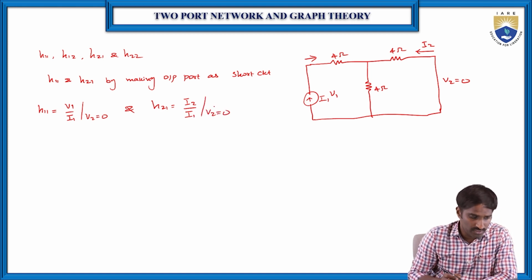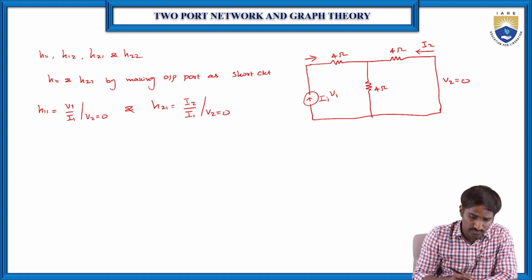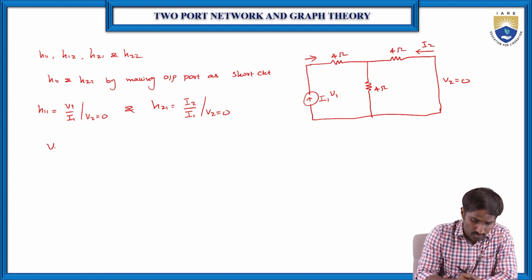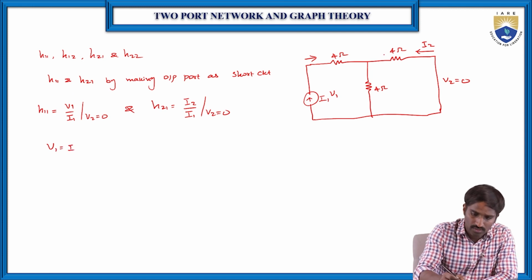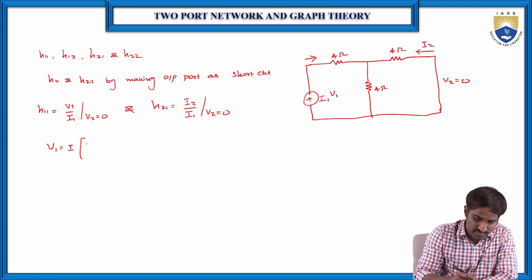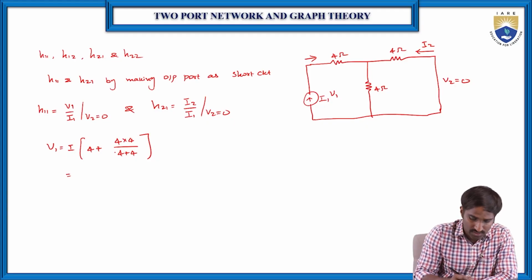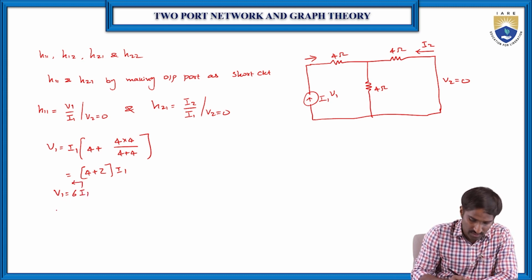So if you want to find the total voltage V1, it is I into the total resistance, which means 4 plus 4 into 4 by 4 plus 4. So this is equal to 4 plus 2, into I1. So V1 is equal to 6 into I1. Then V1 by I1 is equal to 6, which is equal to H11.